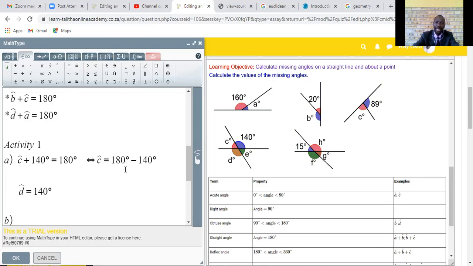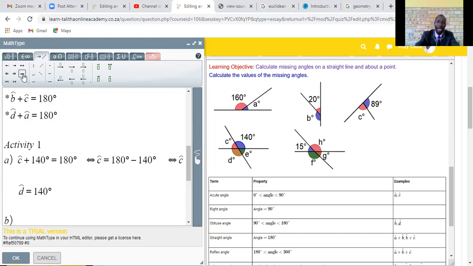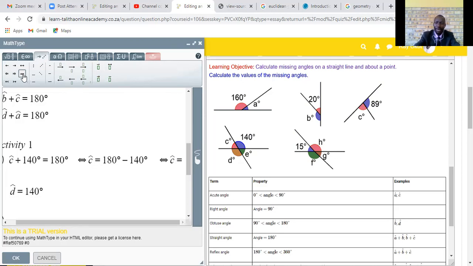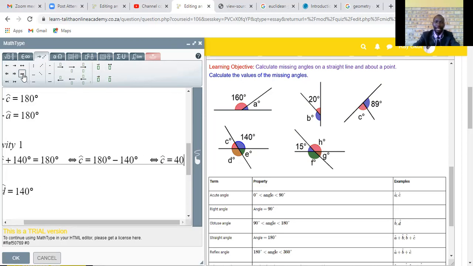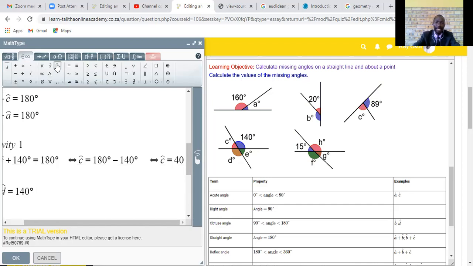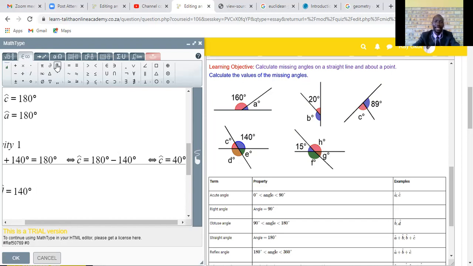And so in the next step, we then have C, okay, now equals what? 40 degrees. That is what we get when we minus 140 from 180. And that is how we get the value of C.